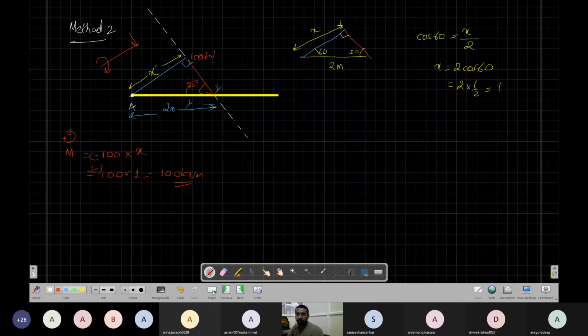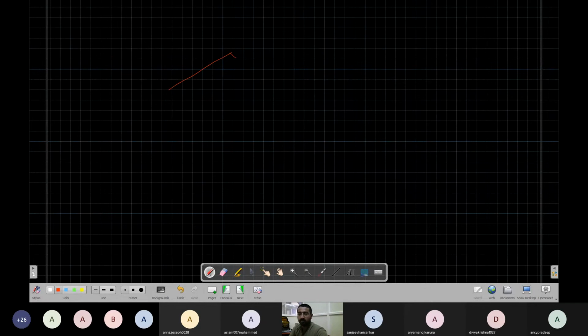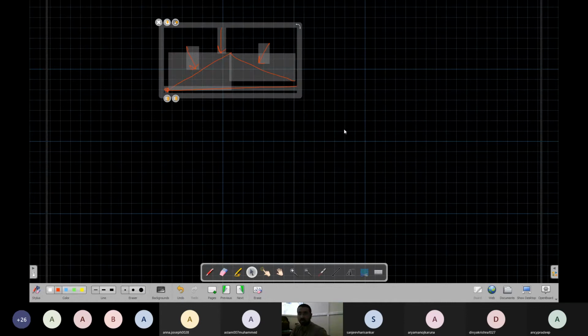If you are equipped to solve a system with multiple forces in multiple directions, this is something we have to solve and learn. Okay, so let's take another example. I'll give you some time to solve this. Let's take another beam. We'll take a point here.